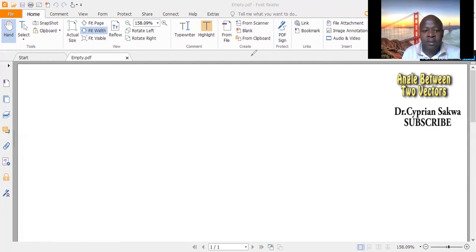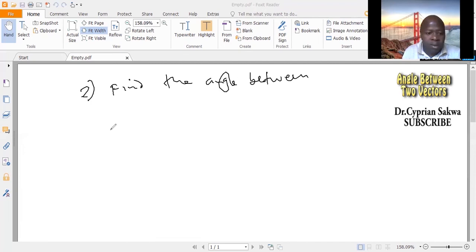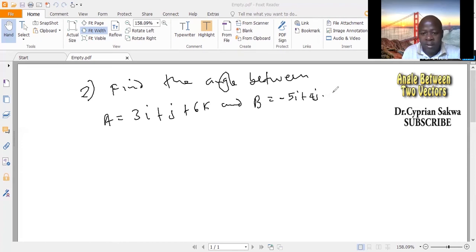In our second example, we want to find the angle between A, which is 3i plus j plus 6k, and vector B, which is negative 5i plus 4j minus 9k.